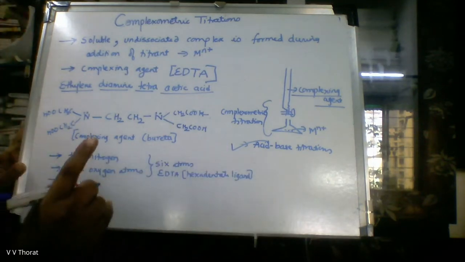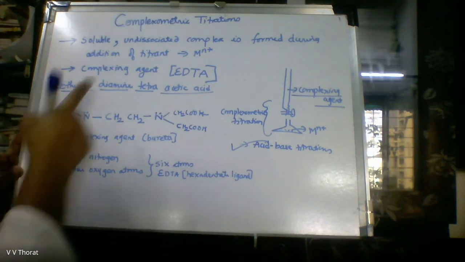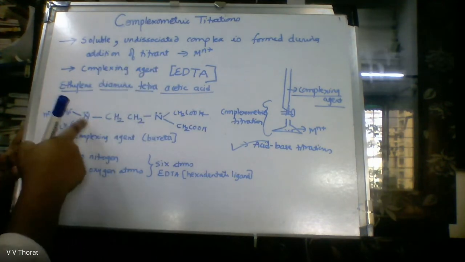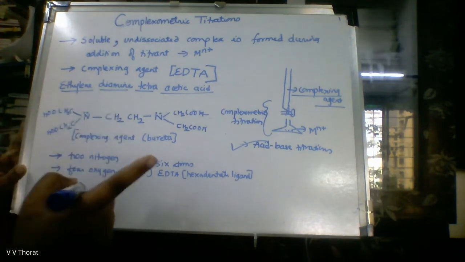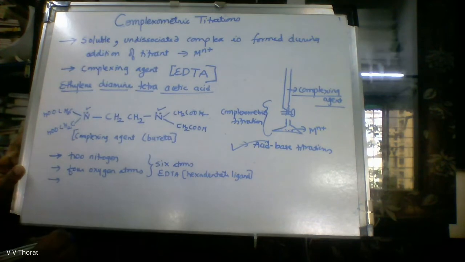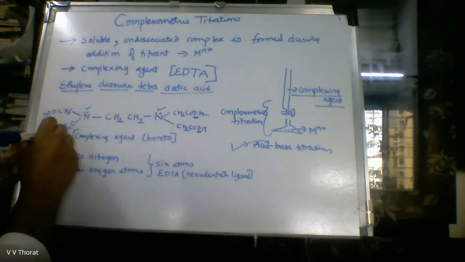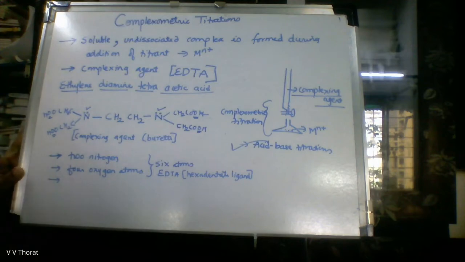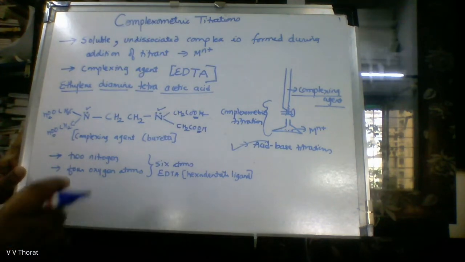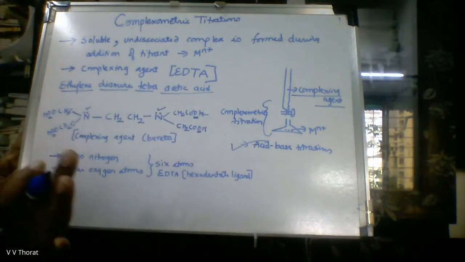I repeat, this is the formula of EDTA. It will coordinate to the metal ion through these two nitrogen atoms and four oxygen atoms. There are many objective questions on this. Now listen.